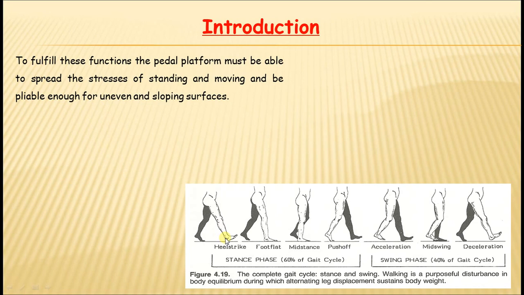Then from here, of the 30 kgs, half is transmitted to the posterior part, or the heel of the foot, and the remaining half is transmitted to the anterior part of the foot, mainly to the 5 metatarsals.